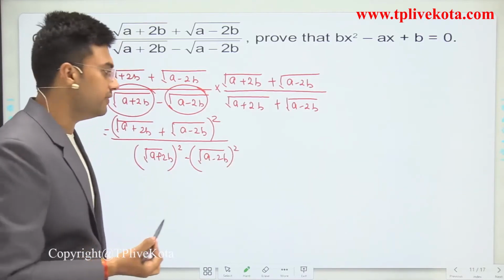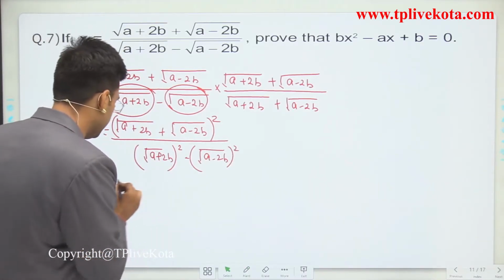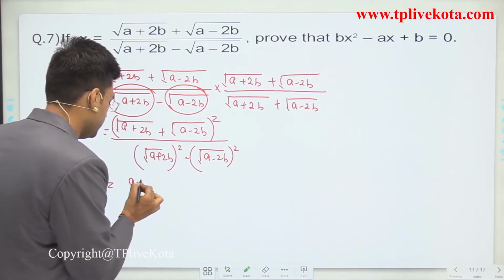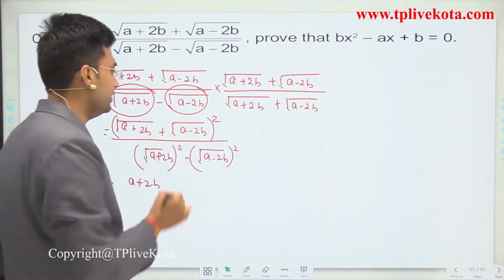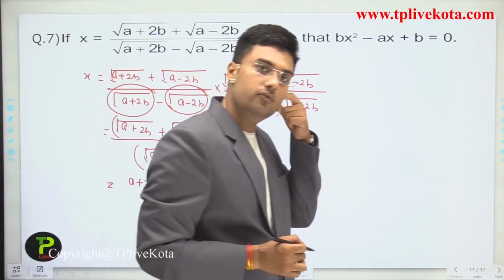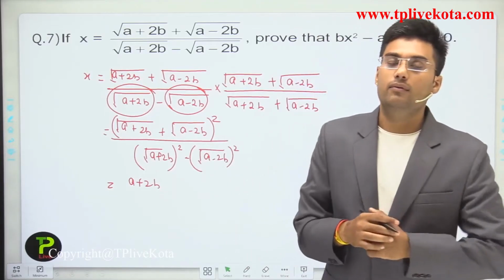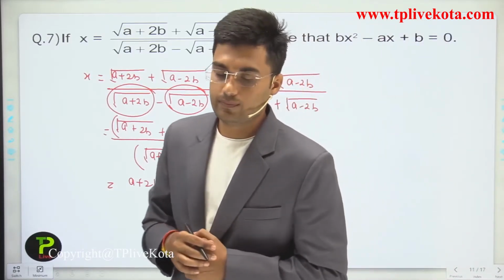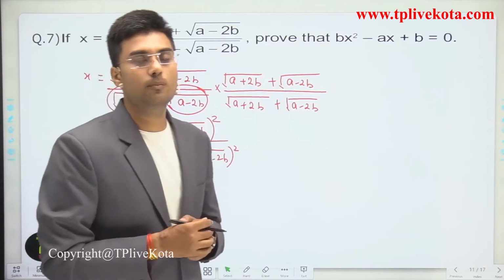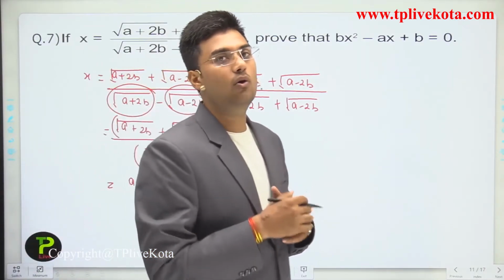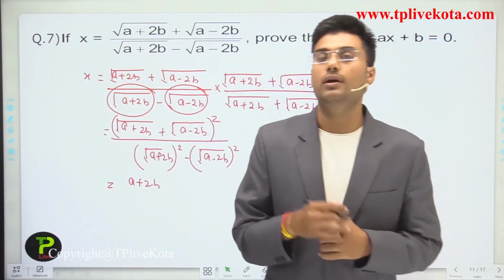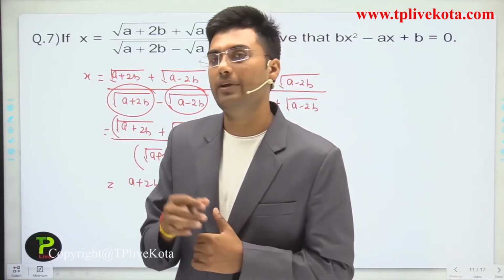And dear students, when we solve this, what will we get? We have to use the formula of a plus b whole square, which is equal to a square plus b square plus 2ab.